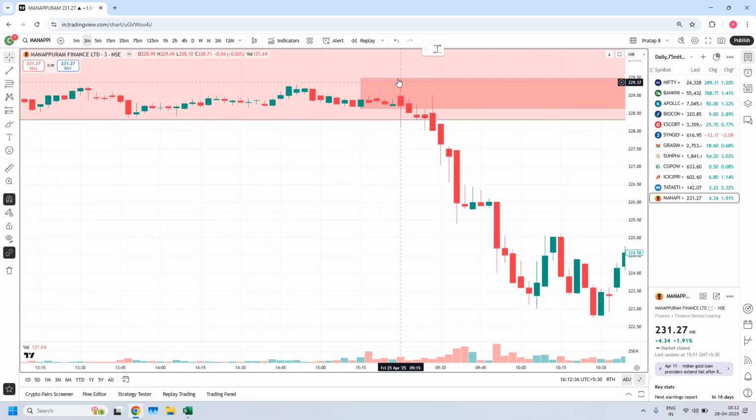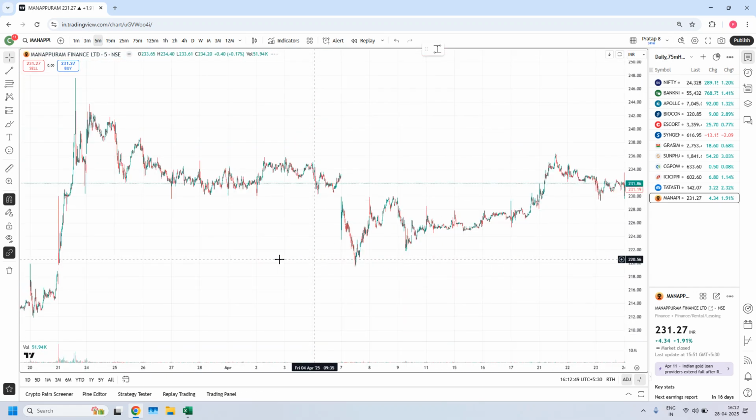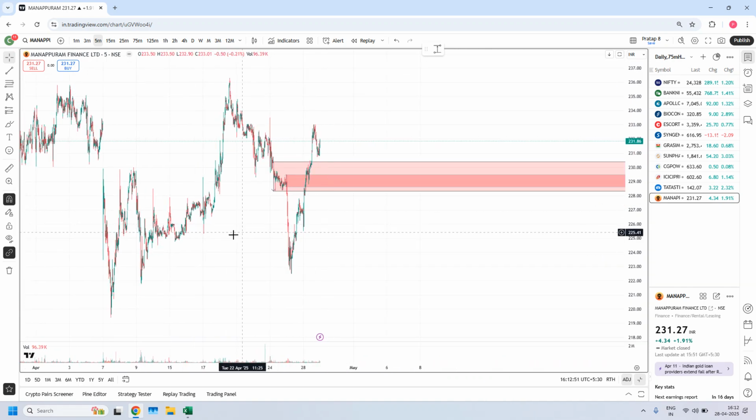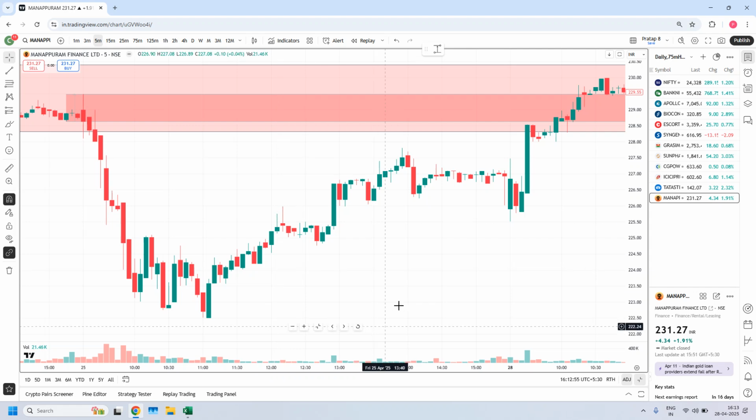See here you have a failed ERC candle, a medium size candle. Go to the 5 minutes. So failed ERC candle, drop candle, another failed ERC candle, drop candle. The 5 minute structure is also not good.